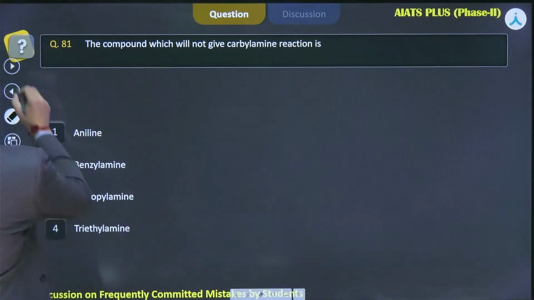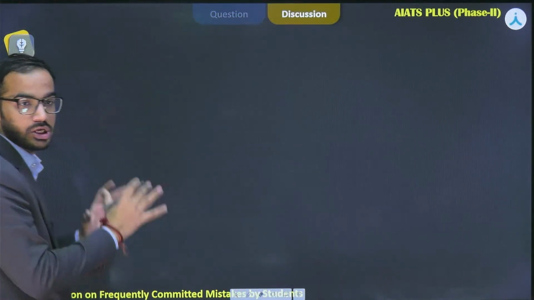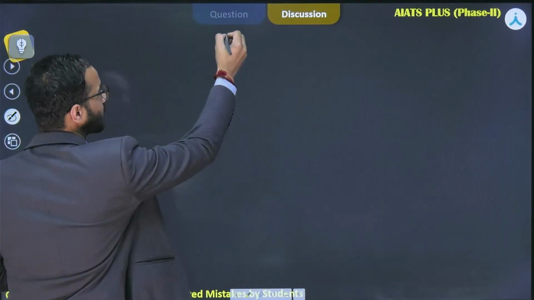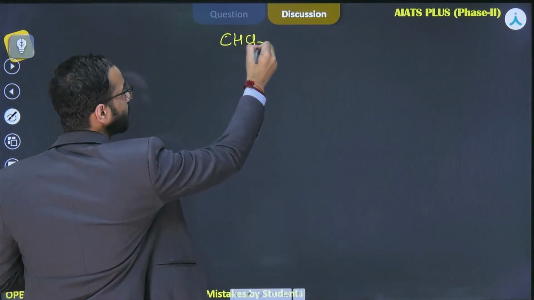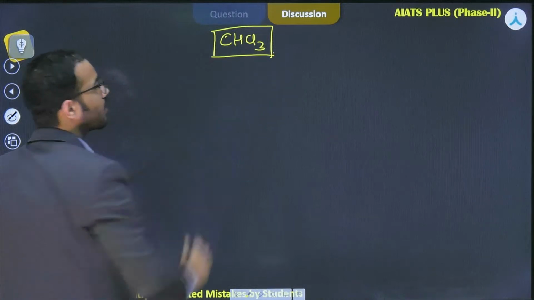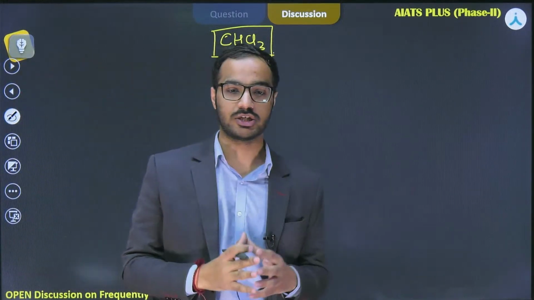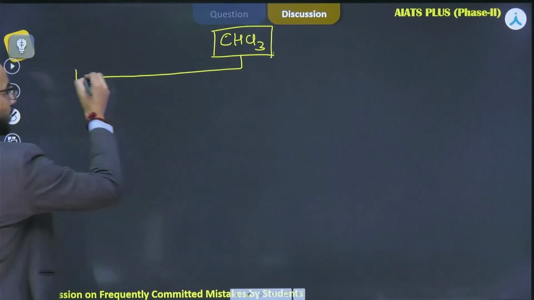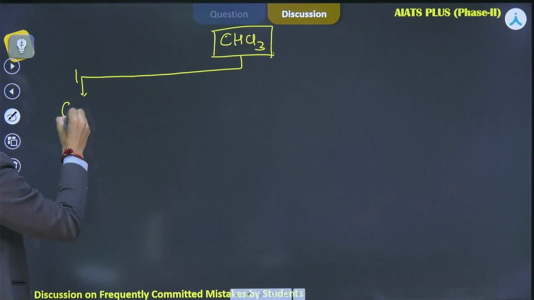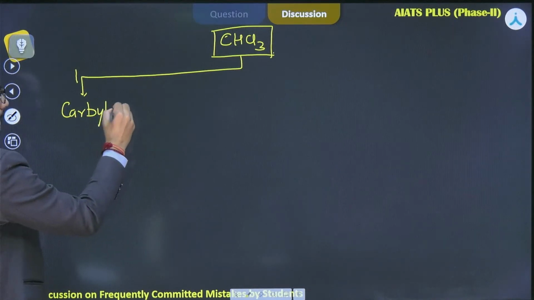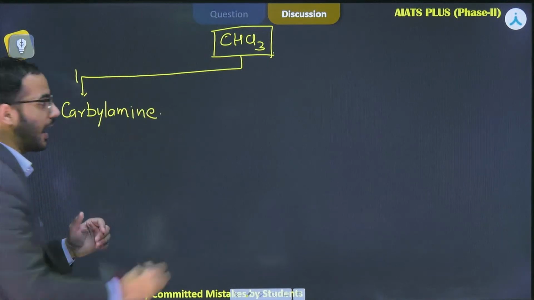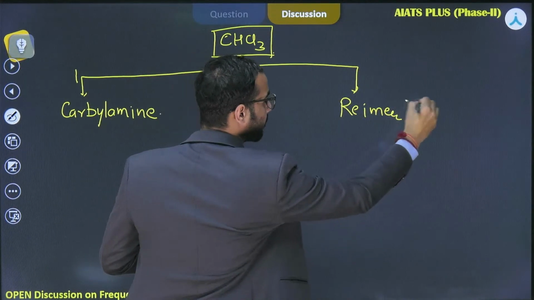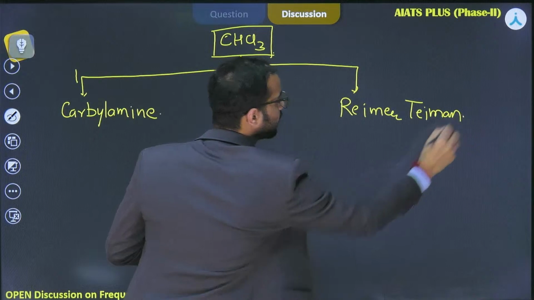Let us start with the very first approach. Let us see, you have chloroform. We can say these are the chloroform reactions. The reagent is chloroform, CHCl3. The first and very basic reaction we are going to do is carbylamine, and the second is the Riemann-Tiemann reaction.